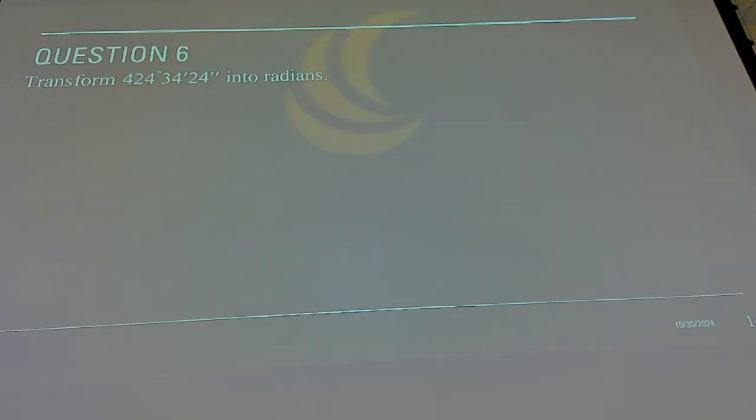This notation is known as DMS notation. DMS is an acronym for degree, minutes, seconds: degree, arc minute, arc second.